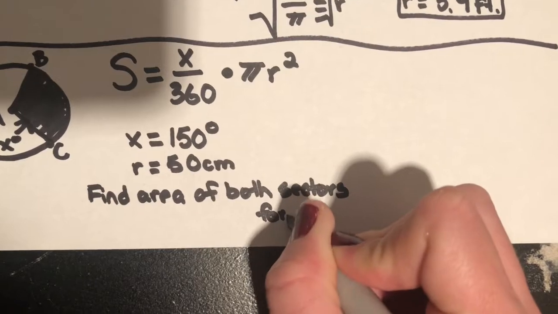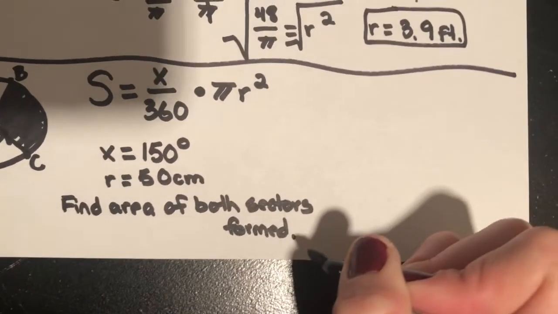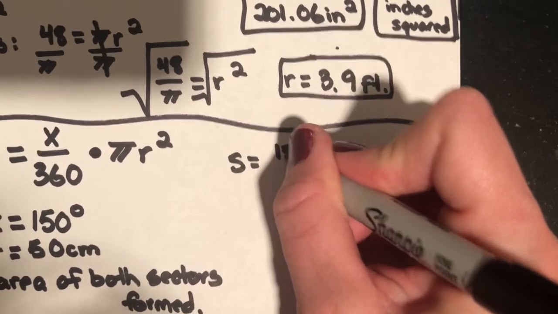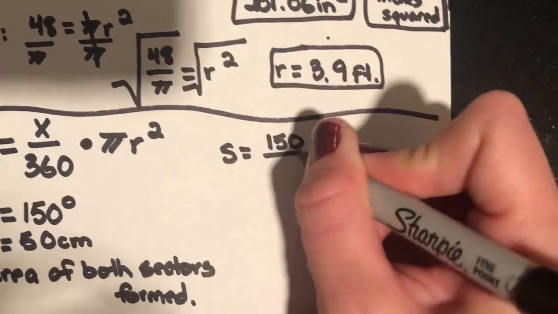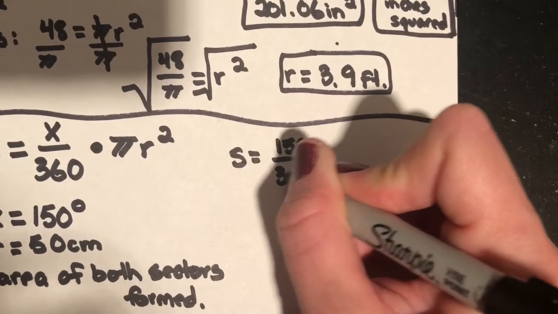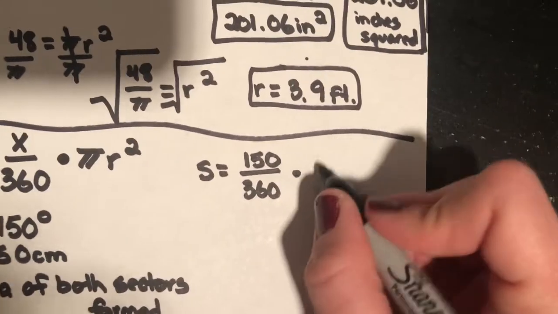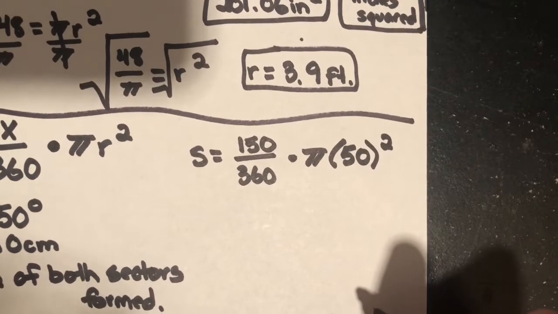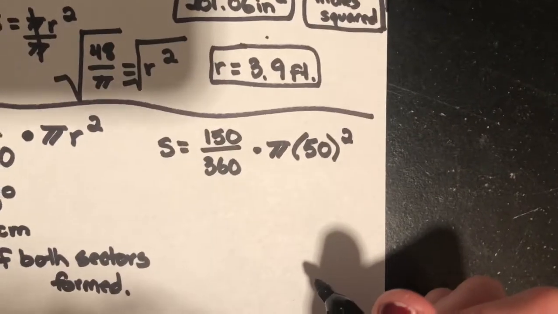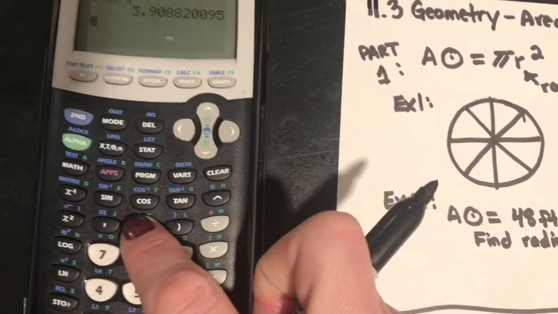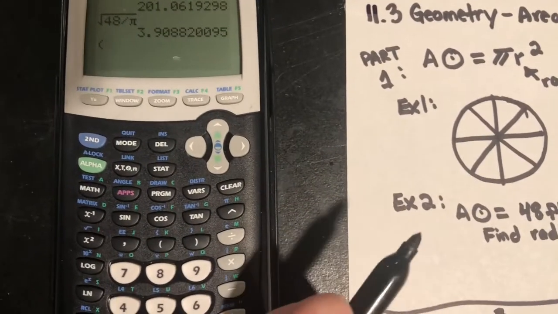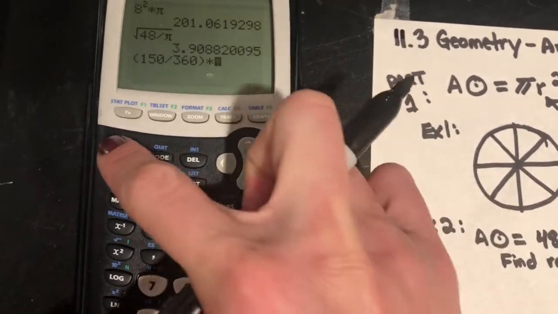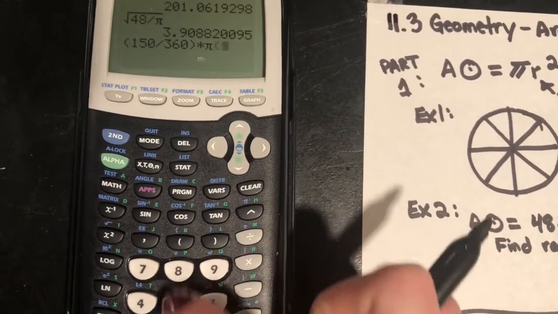So you're going to find the area of both sectors formed. Well, the area of the first sector formed would be 150, this is the shaded sector, over 360, and multiply that by pi r squared. And if we were to plug that into the calculator, we have, in parentheses, 150 divided by 360, close the parentheses, times pi, and then r squared.